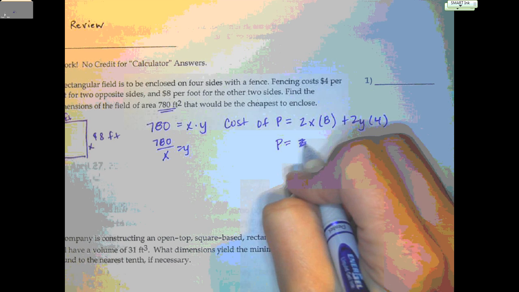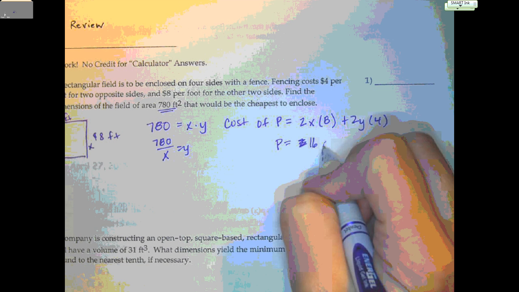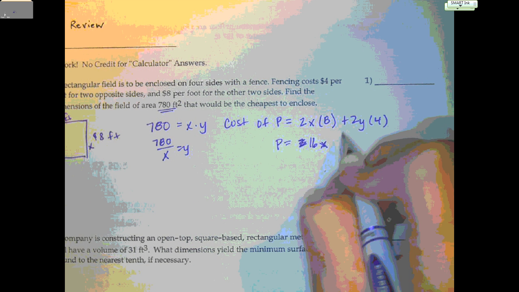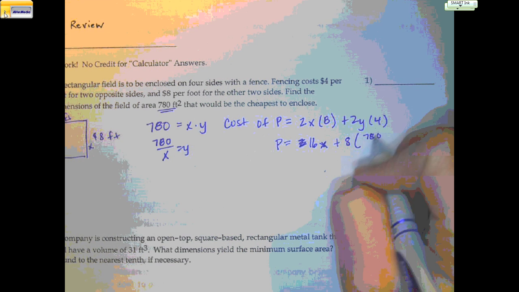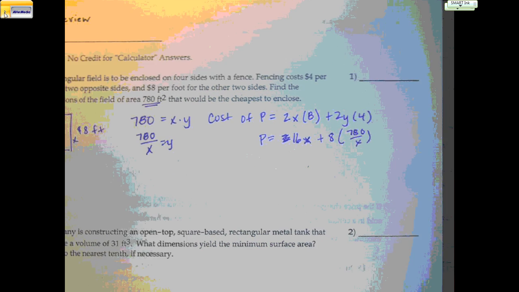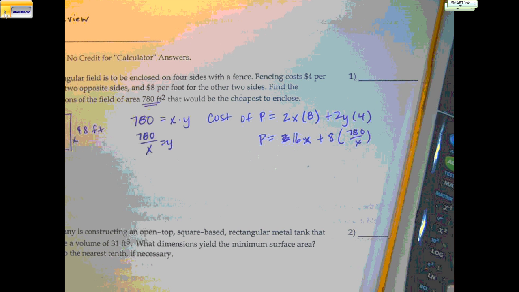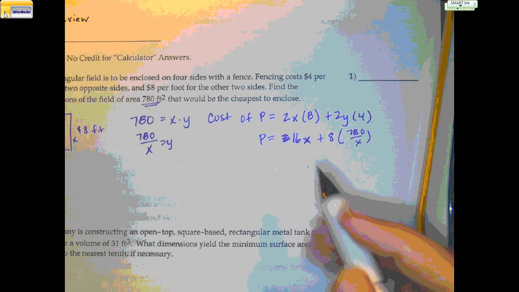I'm going to go ahead and put 16x on that, sorry, plus 8 times, not Y, but 780 over X. And 8 times 780 is 6240.